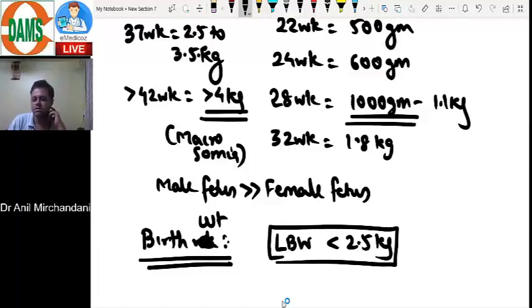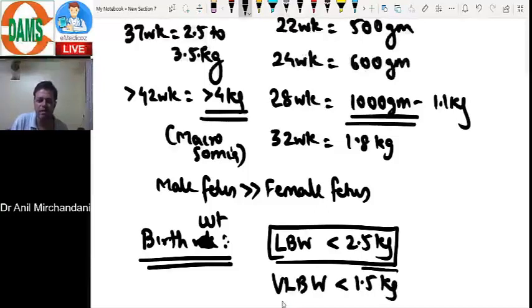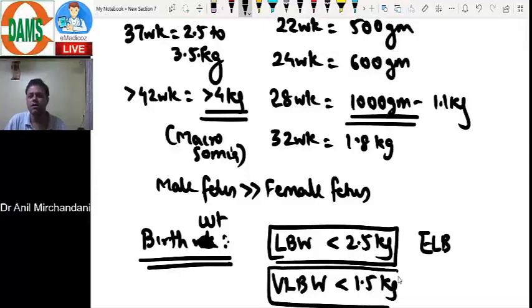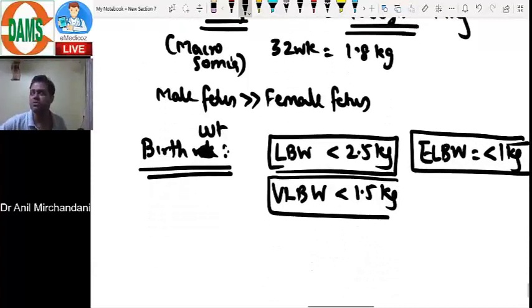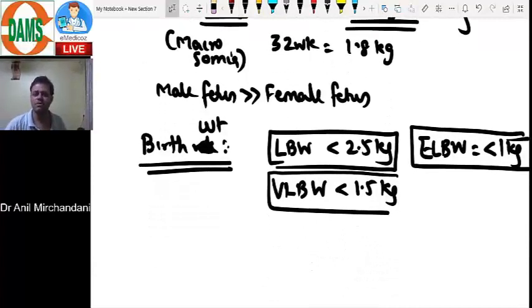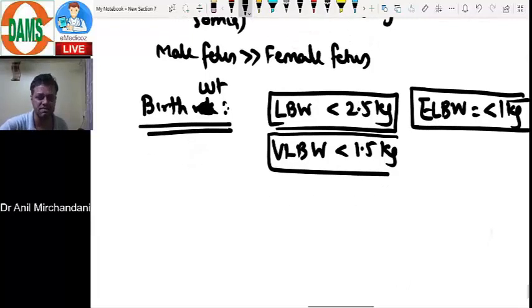Then VLBW is less than 1.5 kg, and then ELBW is less than 1 kg. Extremely low birth weight is less than 1 kg. VLBW is less than 1.5 kg, ELBW less than 1 kg. These are the birth weights.